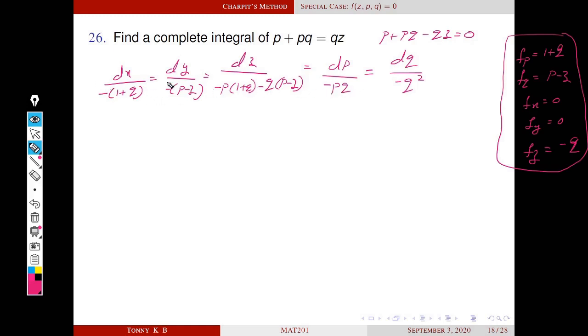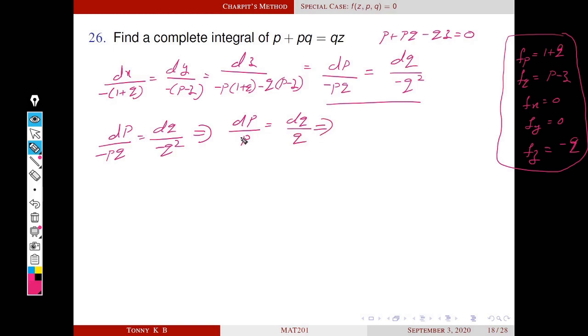These are step 1. Next we consider the last two ratios. So this becomes, here minus q is common. That is nothing but our fz. So you can cancel fz. By integrating on both sides, we get, as similar to the algorithm, p equal to aq.